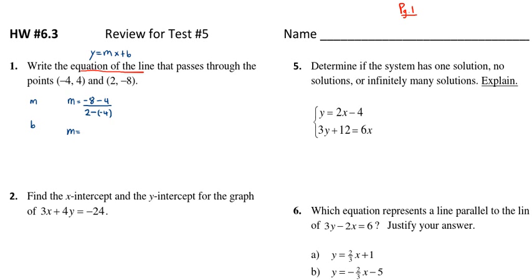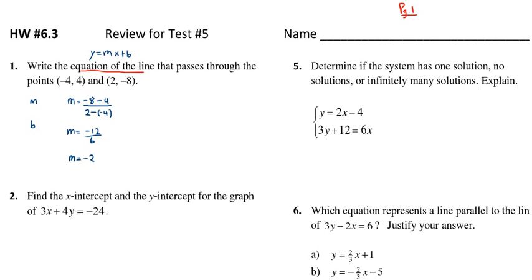On the numerator, we have -12. -8 minus 4 is -12. And on the denominator, we have 6. Negative times another negative becomes positive, so it's 2 plus 4, which is 6. And we could simplify this. We could actually divide -12 by 6, and that would be -2. So now we have the slope, which is -2.